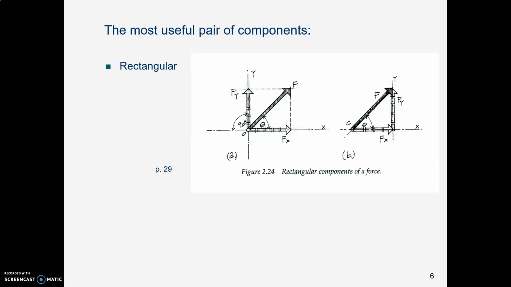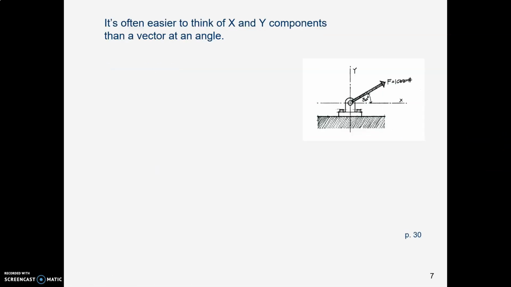But the most useful kind of pairs are rectangular pairs where one component is horizontal and one component is vertical, because those are easy to do even if you don't have CAD.